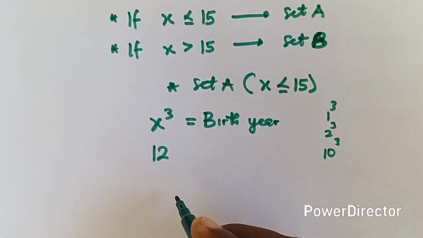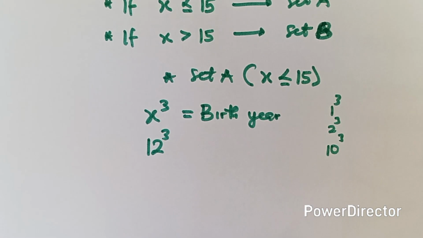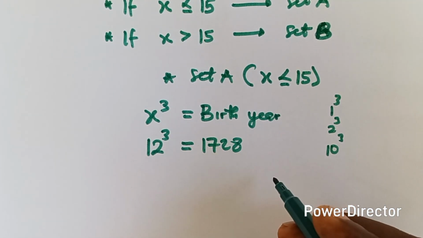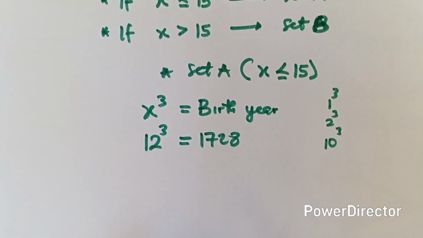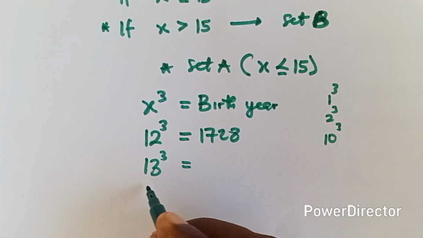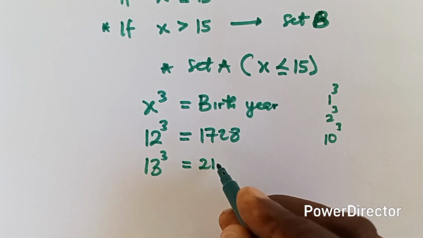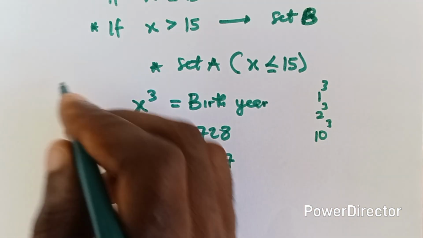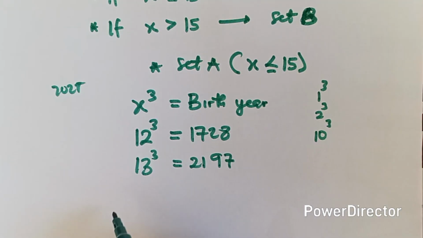When we get to 12, 12 cube gives us 1728, that is year 1728. Then 13 cube, for the 13th of the month, gives us 2197. We are in 2025.